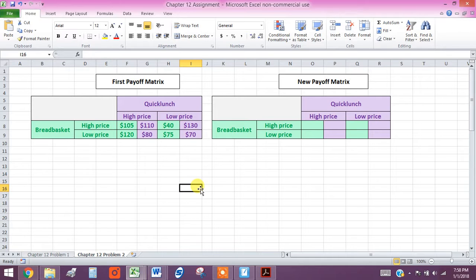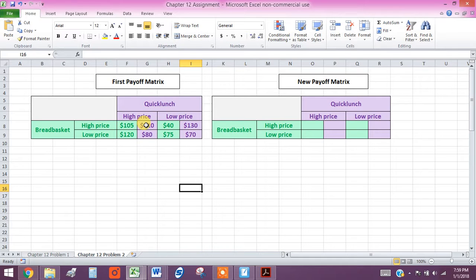So I want you to just spend some time looking at this and think of it like this. Let's start with Quick Lunch. If Quick Lunch chooses a high price, they're going to be either here or here, okay? And what we're looking at is, are they better off no matter what Bread Basket does?